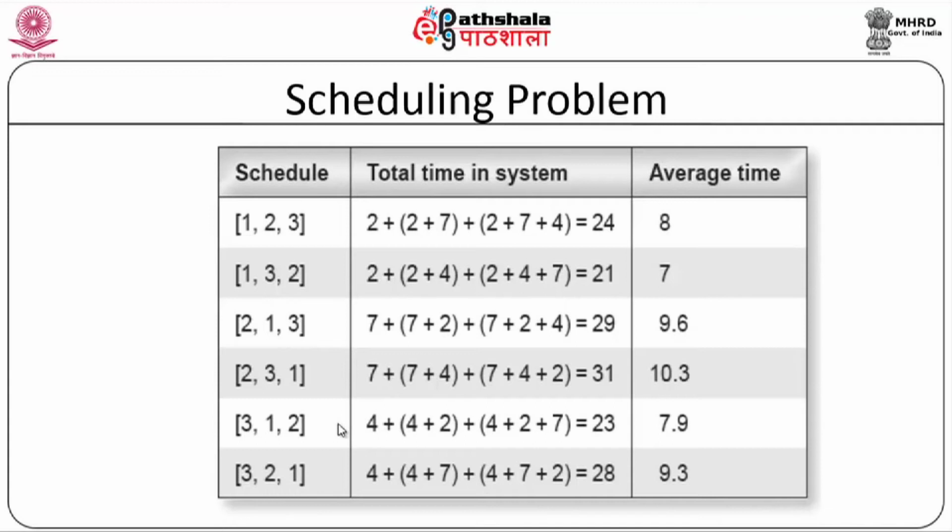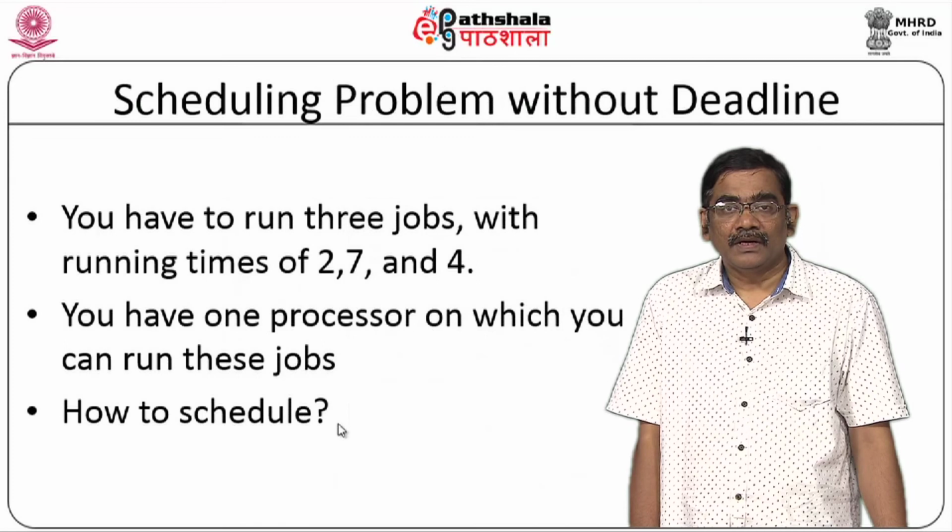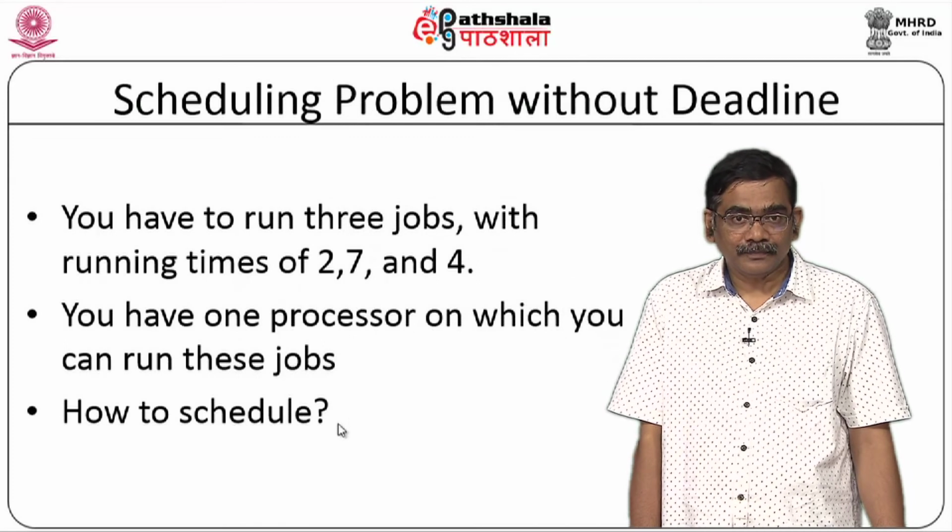This is an optimization and we are looking for the optimal policy. The optimal policy is to schedule where the turnaround time is very small. 7 is the minimum, therefore we come to the conclusion that the best is 1, 3, 2. That means it is 2, 4 and 7.